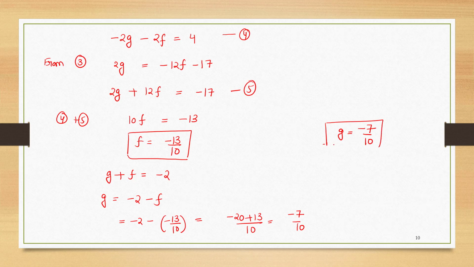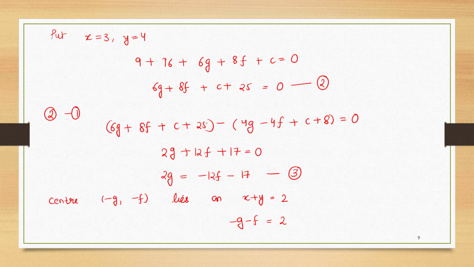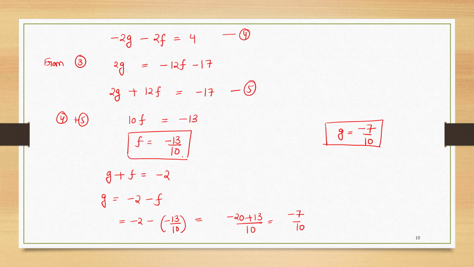Now we put both of these values of f and g in equation 1. Equation 1 was 4g minus 4f plus c plus 8 is equal to 0.